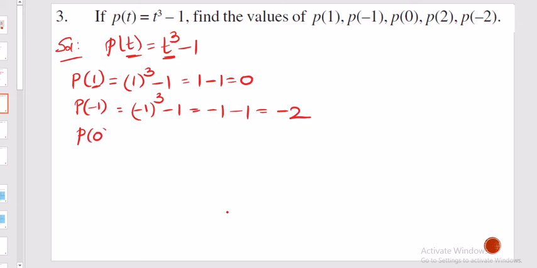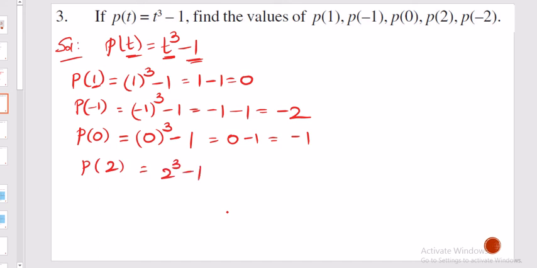Next, p of 0 is 0 cube minus 1. Since it is a constant, this won't change in any of the terms. So it is minus 1. Next, p of 2 is 2 cube minus 1. 2 cube is 8, minus 1 is 7. And p of minus 2 is minus 2 whole cube minus 1.